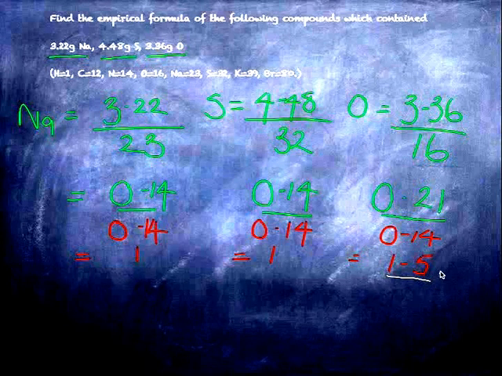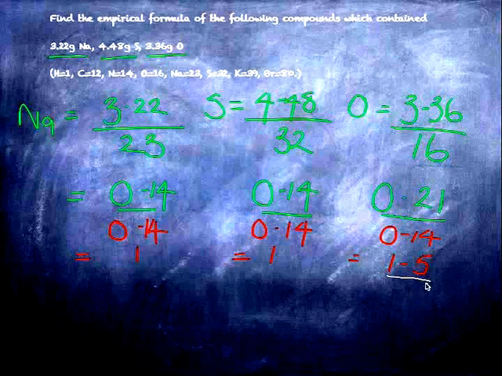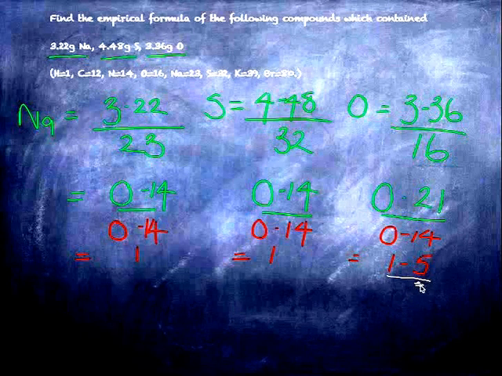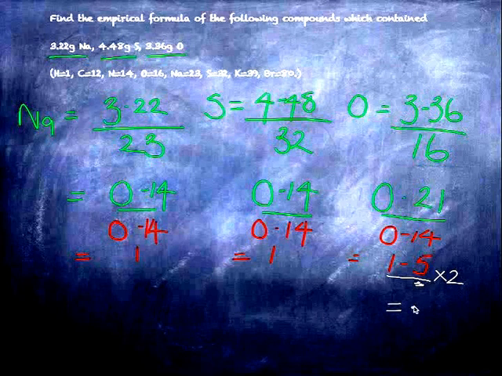The way we can do that is to multiply it to try and get rid of the 0.5. Now that's pretty straightforward whenever you see the 0.5, because all you need to do is multiply it by 2. So 1.5 multiplied by 2 works out at 3.